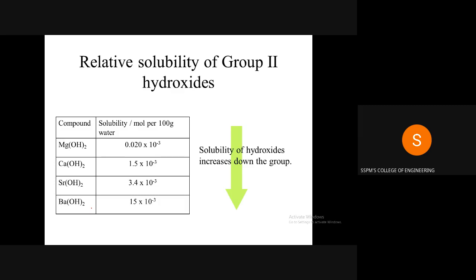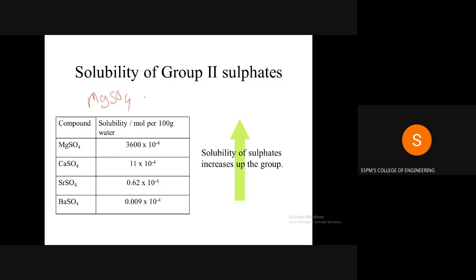But the solubility related to the sulfate is different. Sulfate means what? इकडे हायड्रॉक्साइड आहे MgOH twice, त्याच्याऐवजी इथं आहे MgSO4. MgSO4, calcium sulfate, strontium sulfate, barium sulfate. So going up the group, the solubility of group 2 sulfates increases.